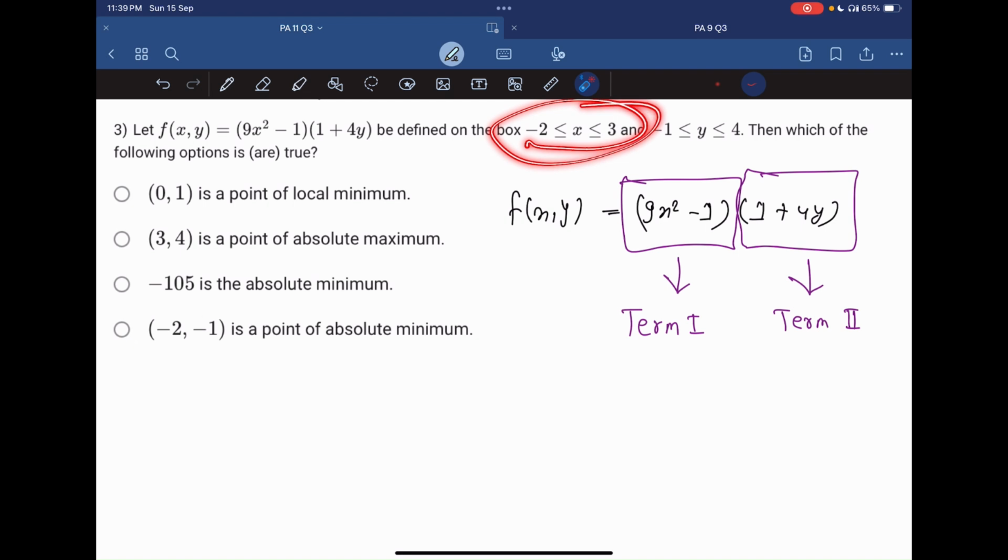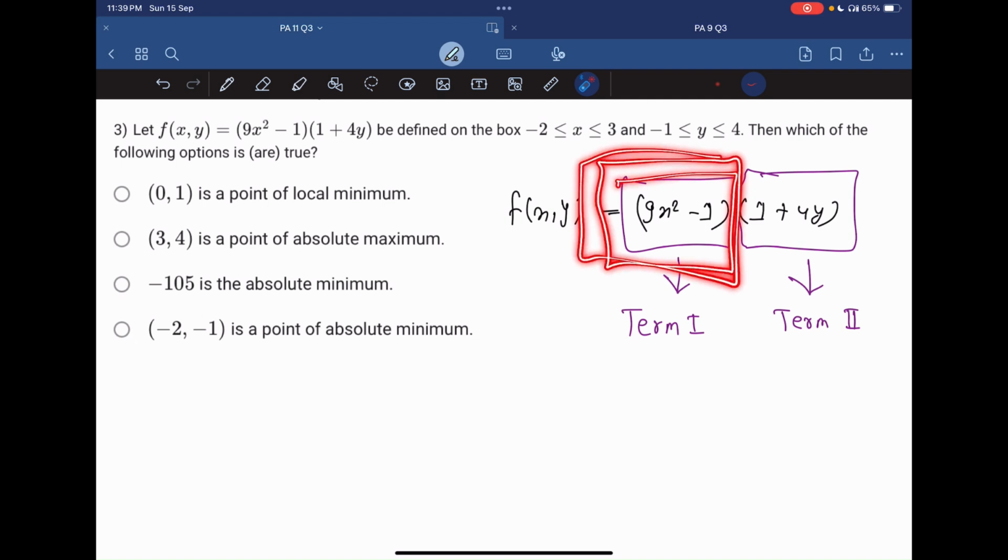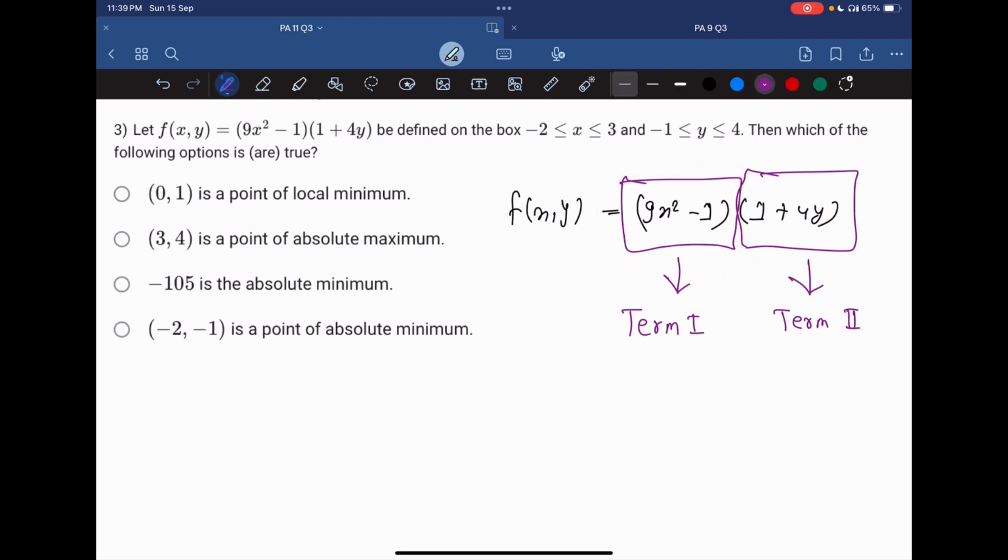Within this range, the x value will be maximum at 3. So this term of the function will attain its maximum value when x is 3.